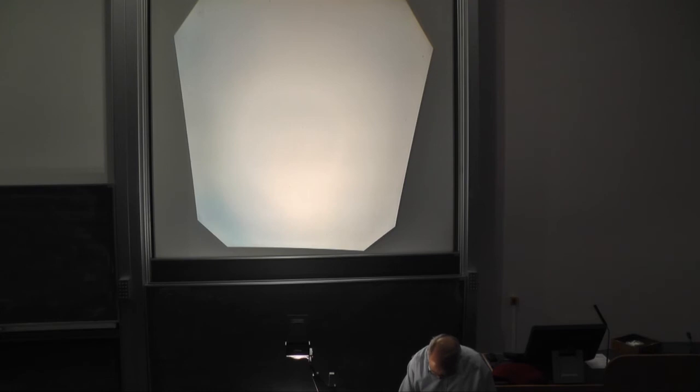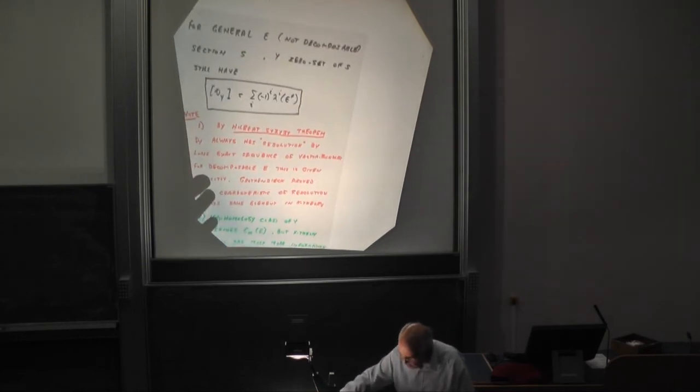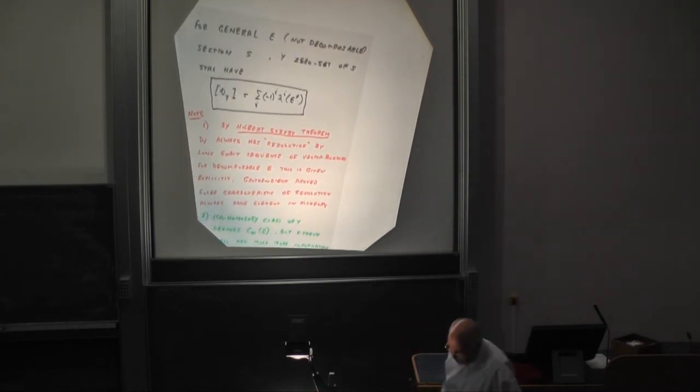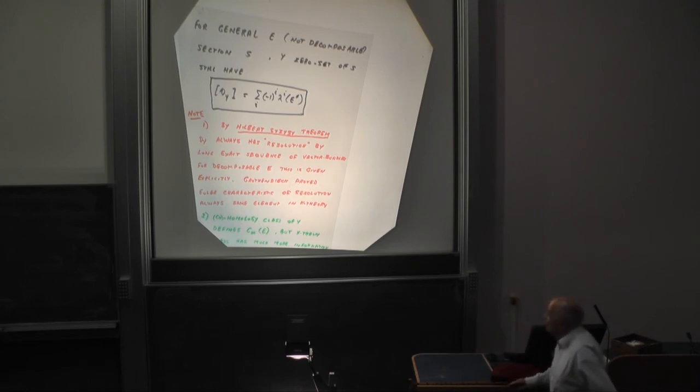I've written this down again, just to emphasize it, here it is. For a general bundle, not necessarily decomposable, the Grothendieck class of the sheaf of functions on the zero set is just equal to the alternating sum of the exterior powers of the dual of E.